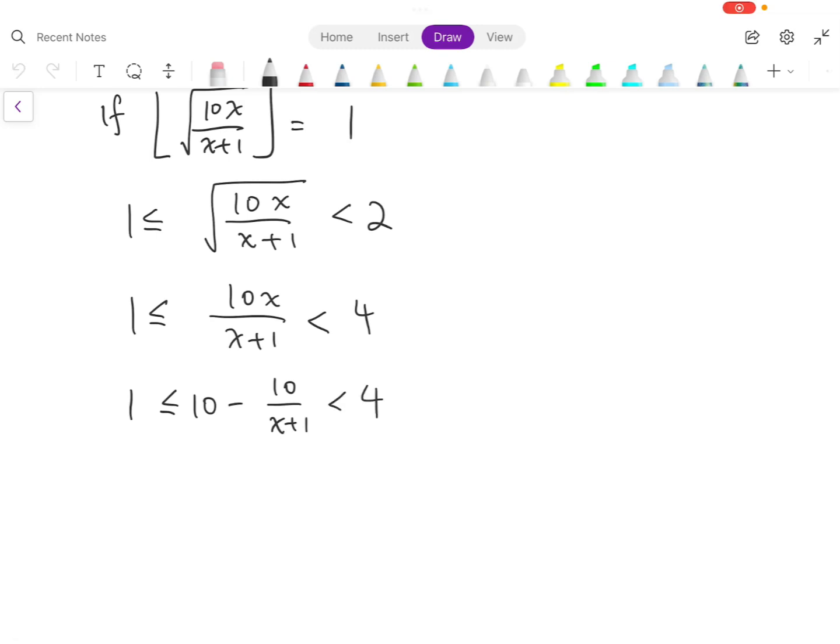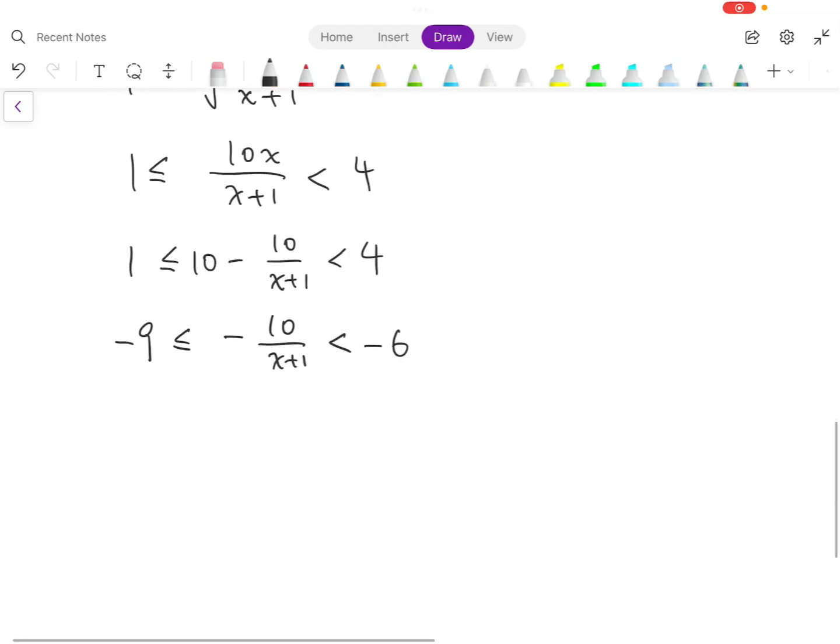Now subtract each part by 10. Minus 9 is less than or equal to minus 10 over x plus 1, and that is less than minus 6. Then remove the minus sign. We have 9 is greater than or equal to 10 over x plus 1, and that's greater than 6. Further divided by 10, we have 1 over x plus 1 between 9 over 10 and 6 over 10, and that becomes 3 over 5.